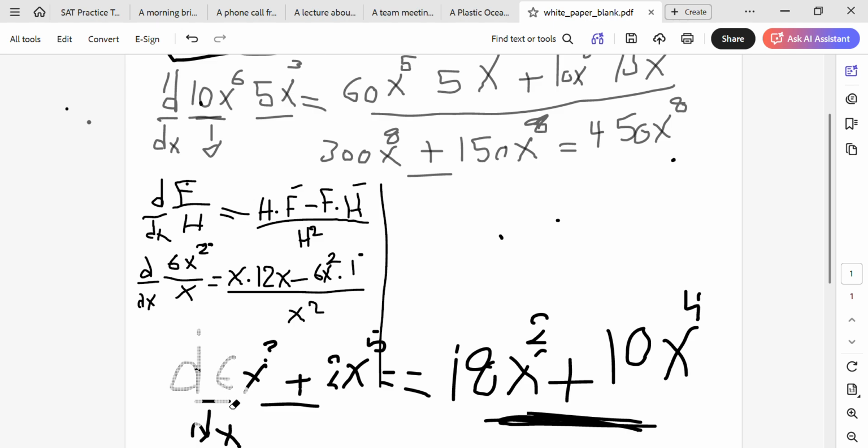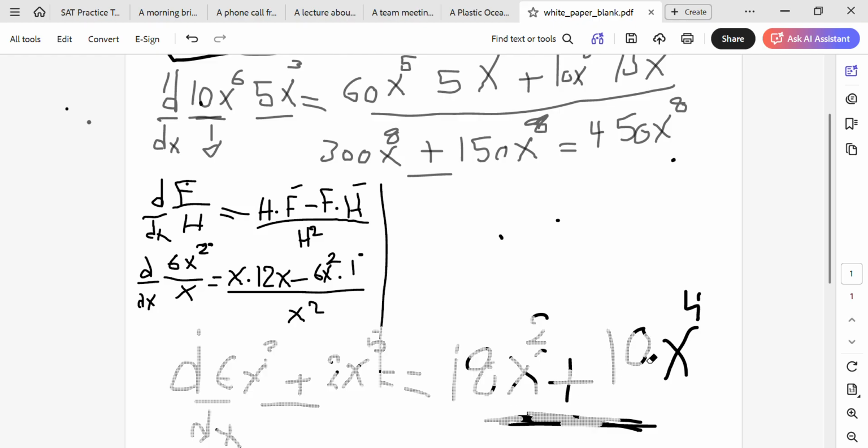So we have x times 12x. When we have the same base and it's multiplied, you just add the powers. So x raised to the power 1 times x raised to the power 1, so 1 plus 1 is 2. So I will have x squared, and since I have a whole number here, it will be 12x squared minus 6x squared, all divided by x squared.